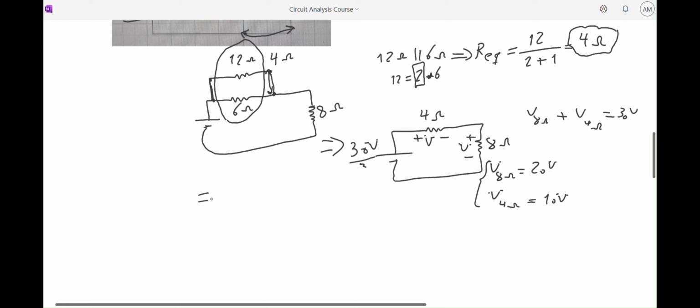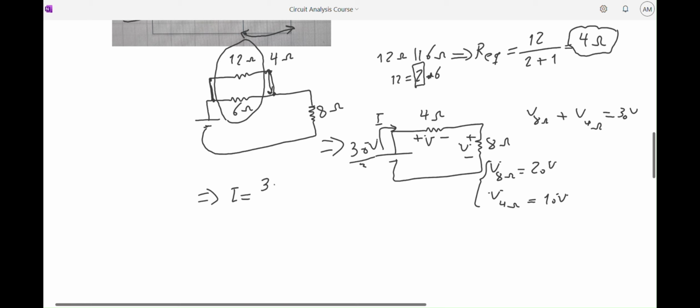Now you guys can tell me. I was looking for current I that flows out of the battery or the power source. I equals, you can use three methods: V of 4 ohm over 4, or V of 8 ohm over 8, or 30 volt over the equivalent resistor of 4 and 8, which in this case are in series.